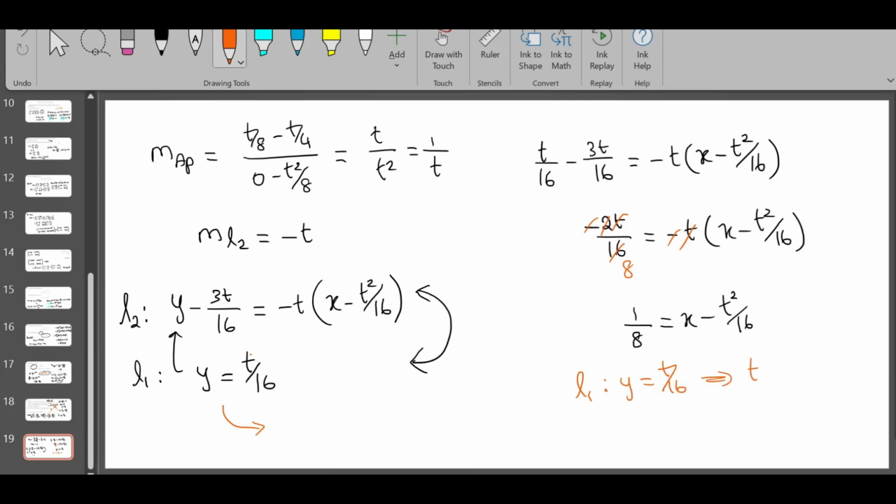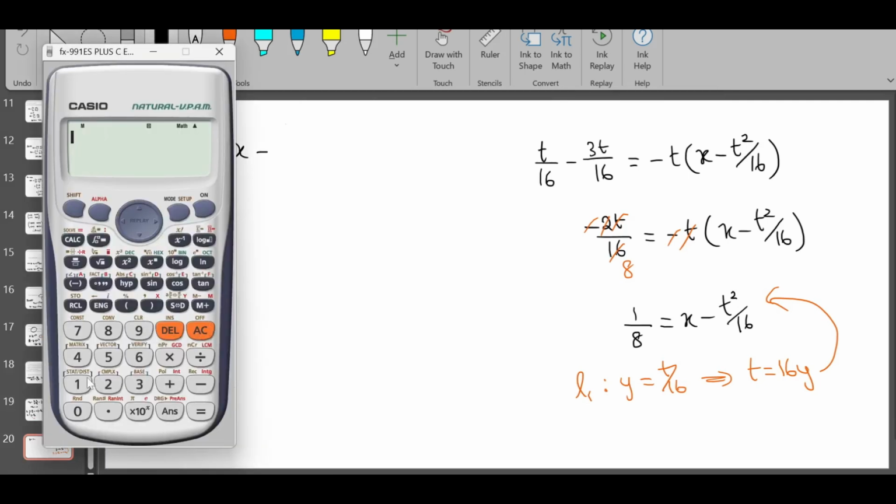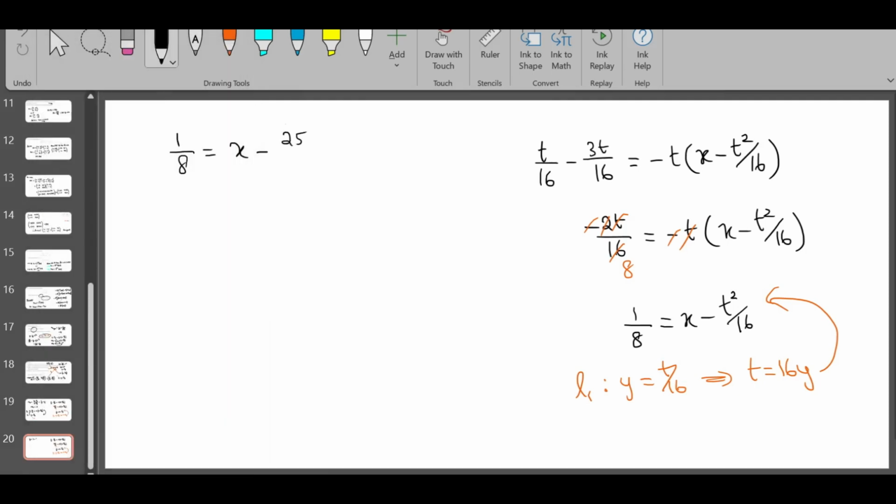That gives us t is equal to 16y. Sub in here. So when you sub in, you're going to get 1 over 8 is equal to x minus 16 square, 256y square over 16. Oh, the 16 can be cancelled.